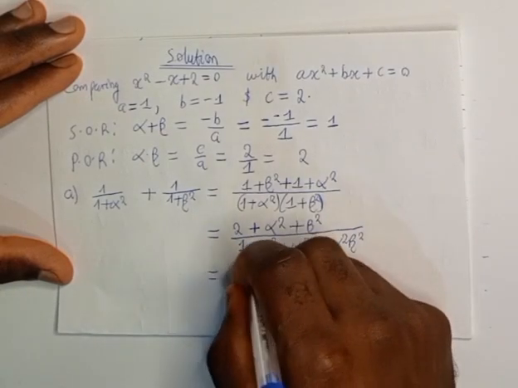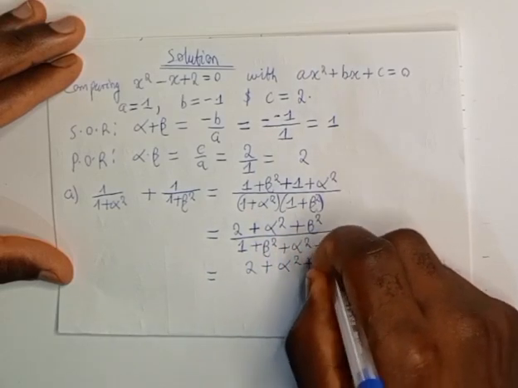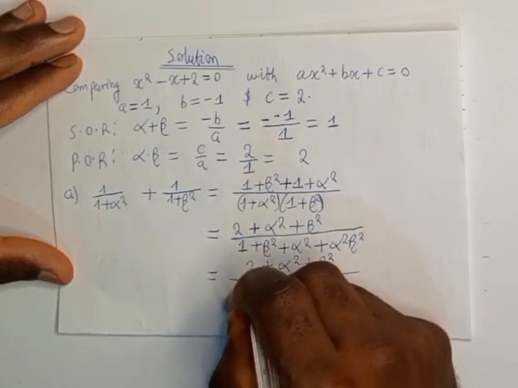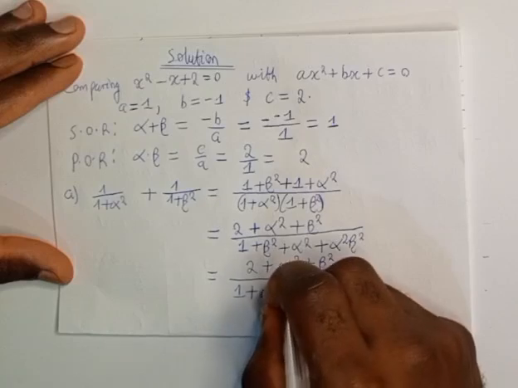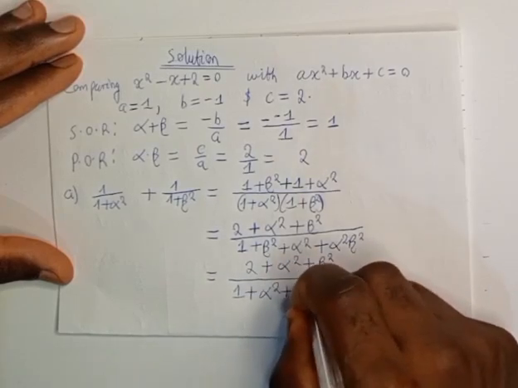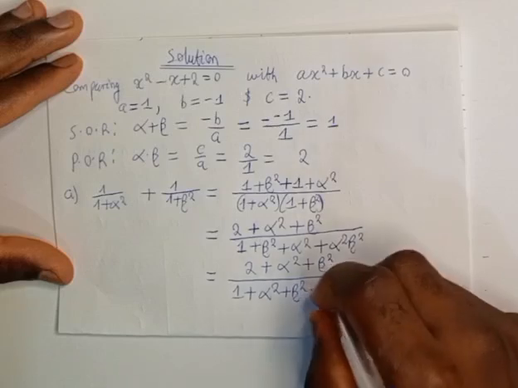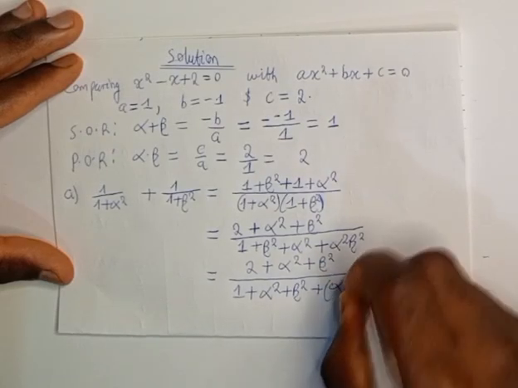This will simply be equal to 2 plus alpha squared plus beta squared, all over 1 plus beta squared plus alpha squared, which is the same as alpha squared plus beta squared, plus alpha squared times beta squared, which can be expressed as alpha beta, all this squared.